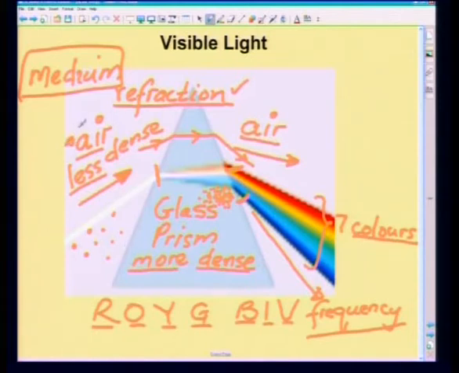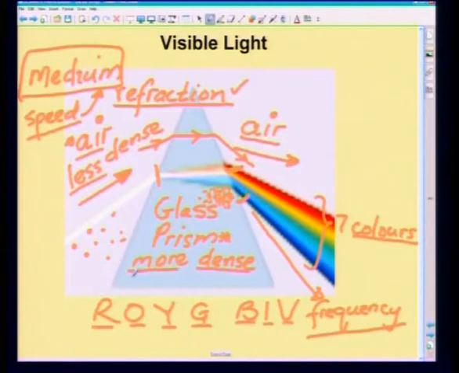This medium here would have the light moving at a particular speed. So the speed depends on the medium. But when light gets into a new medium here, and the medium this time is the prism, it is now moving into a new medium, and therefore it cannot be moving at the same speed as it was moving in air.